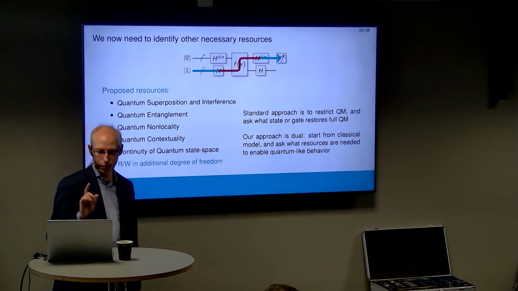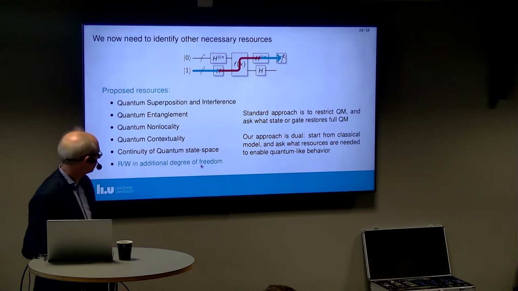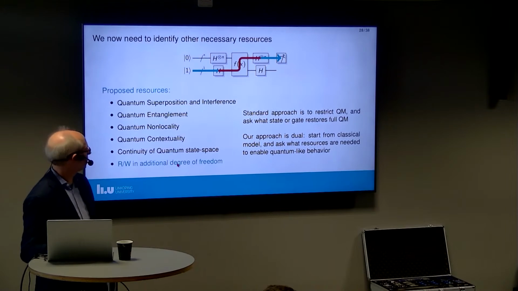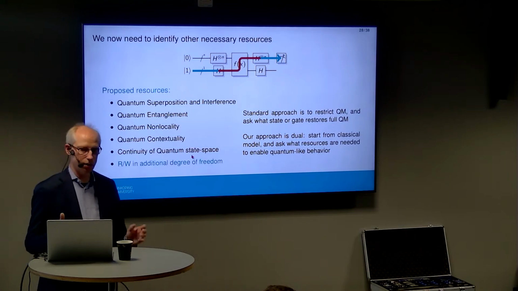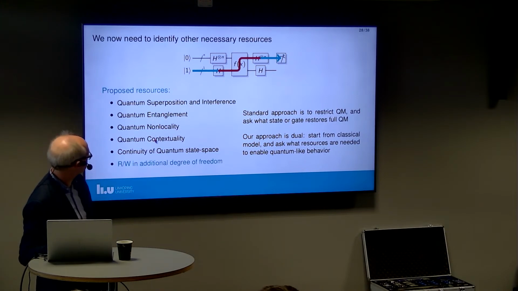What we do in the group is that we've now found that it really is needed that we can read and write in an additional degree of freedom. And now what we're looking at is asking, what more do we need to actually achieve this phase preservation property? And there are all these funky names. Superposition and interference I talked about today.